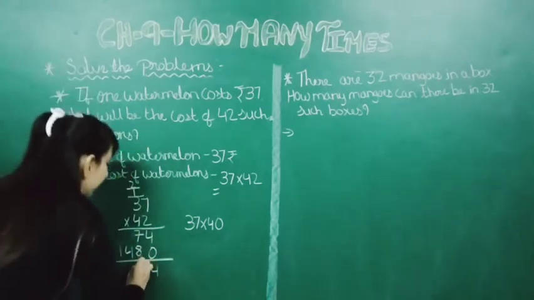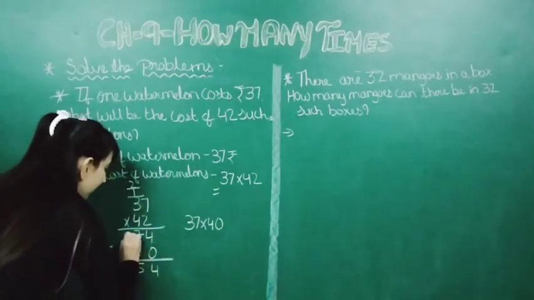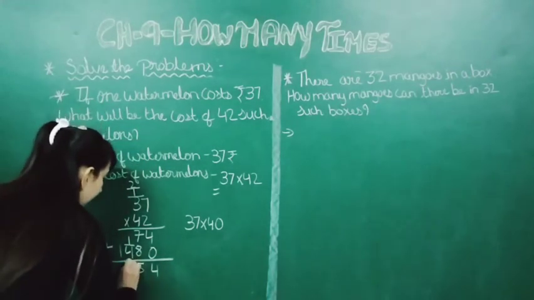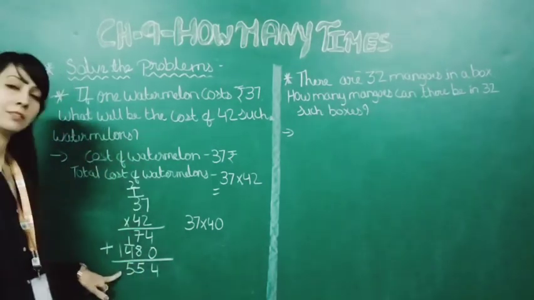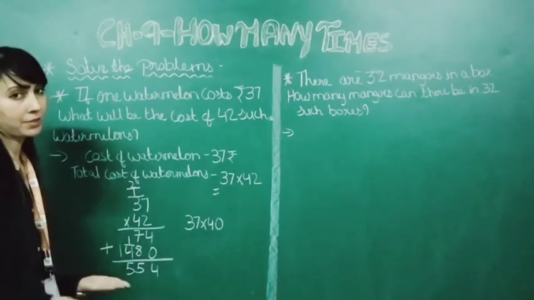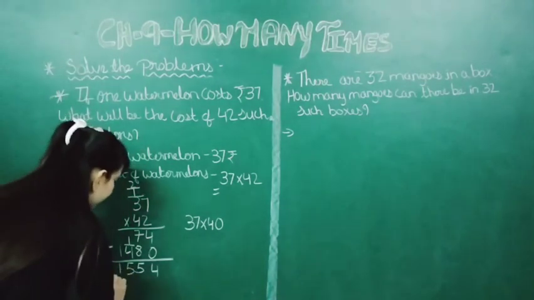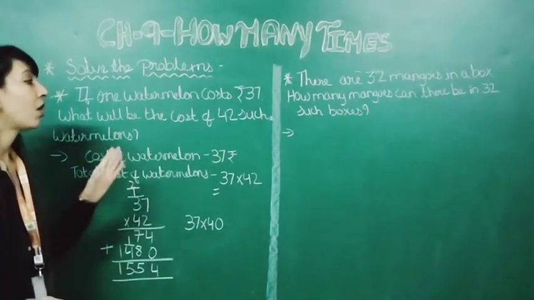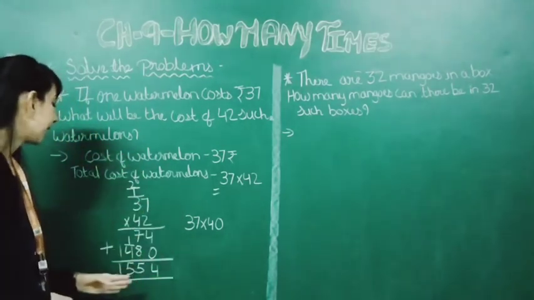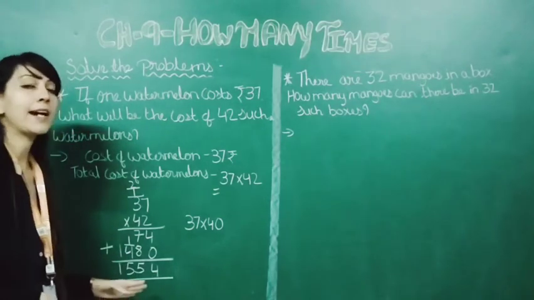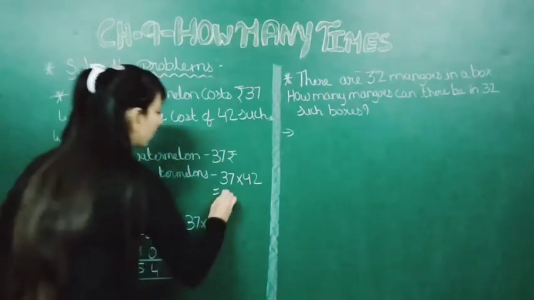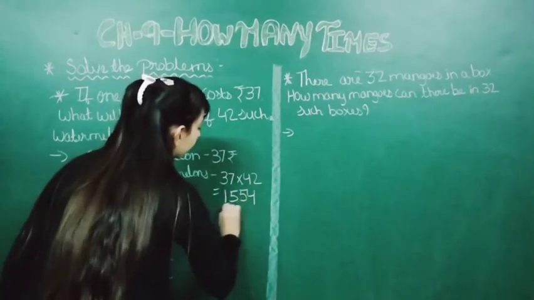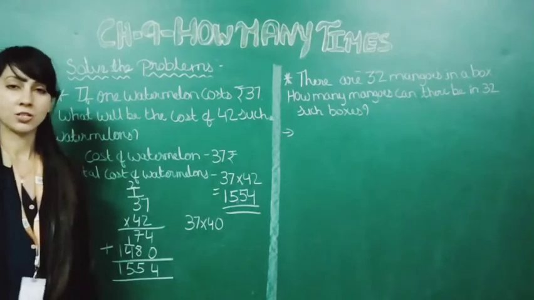So here we will write 5 and here we will carry 1. 1 plus 4 is 5 and here we will write 1, right, because no other number is there. So this is the total cost of 42 watermelons, that is 1554. This is the total cost.